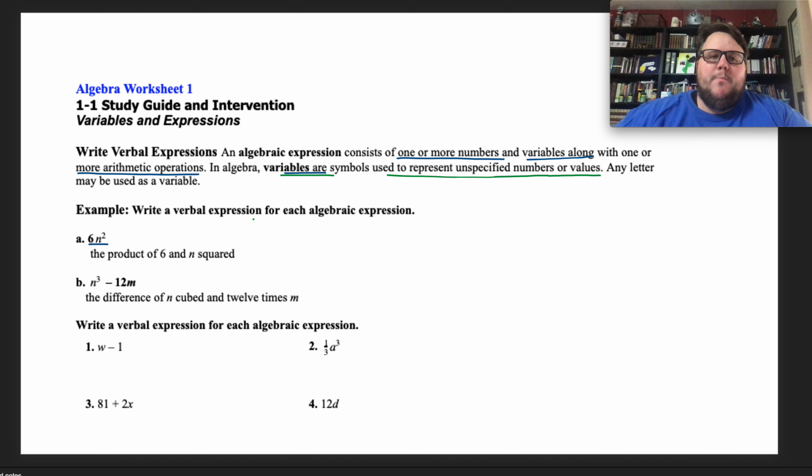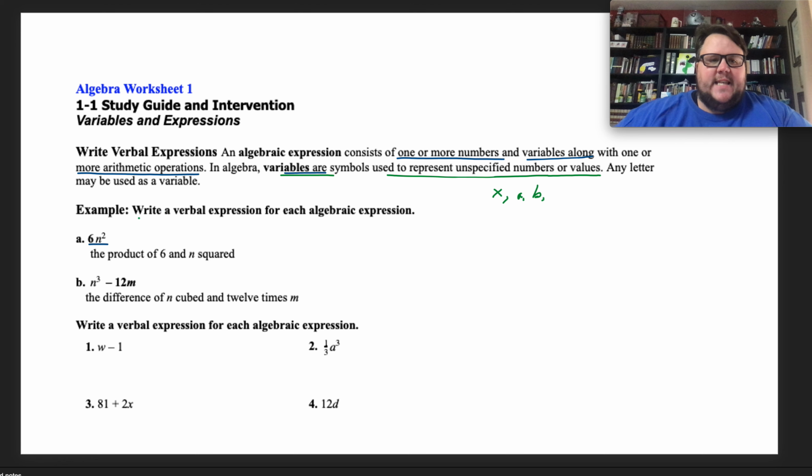Any letter may be used as a variable. That means you can use X, which is the most common. You can use A, B, C, D, E, F, G, all of these letters. It doesn't matter which one you use, as long as you're consistent.